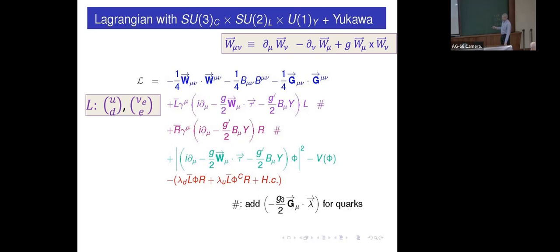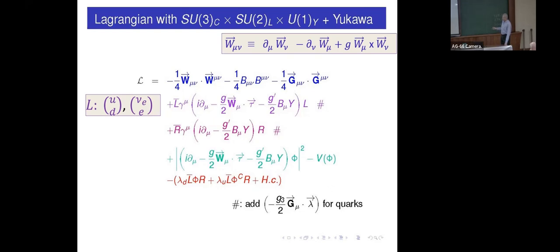So you have to change ∂_μ by this factor because there is weak interaction. For interaction with U(1), we have to change ∂_μ by ∂_μ minus g'/2 times B_μ Y. So all that happens is, instead of ∂_μ, you get this term, which tells you that these L's are charged under hypercharge, which is B, and are charged under weak interaction.